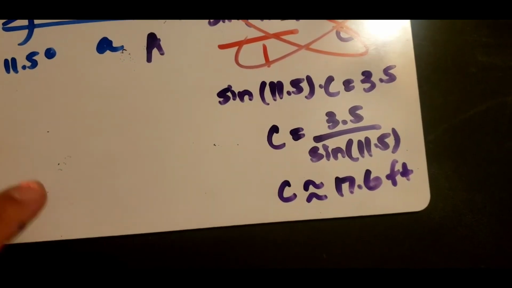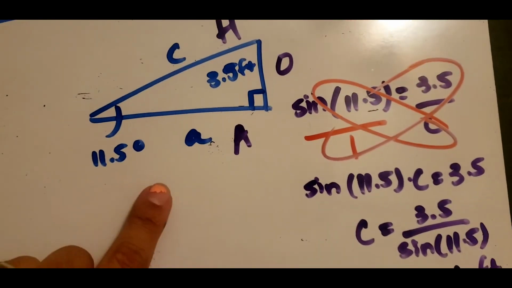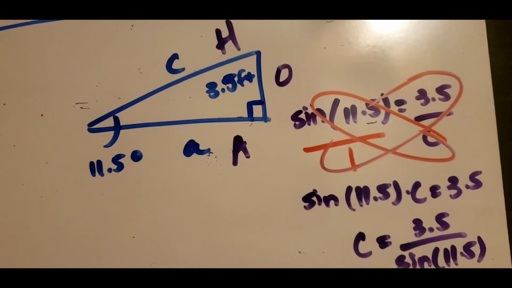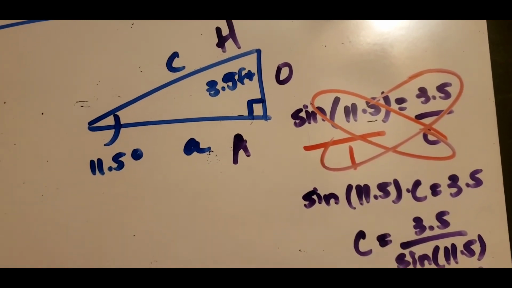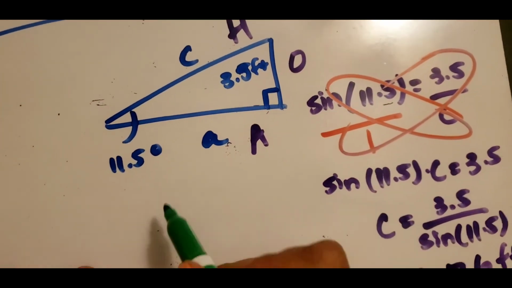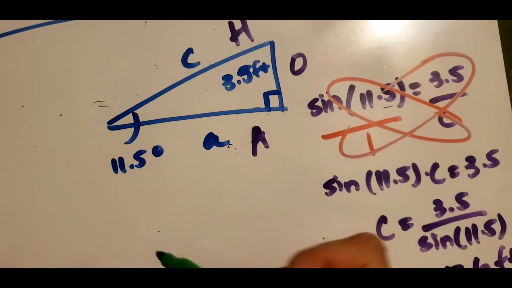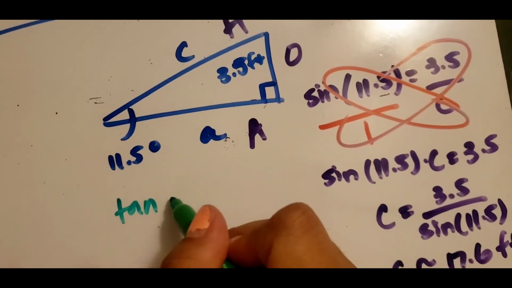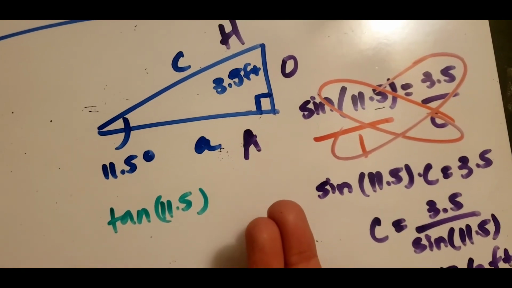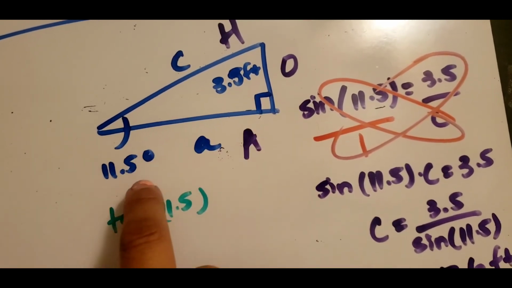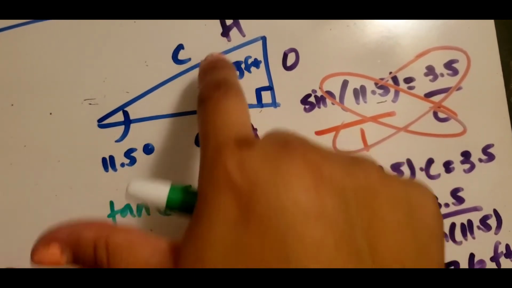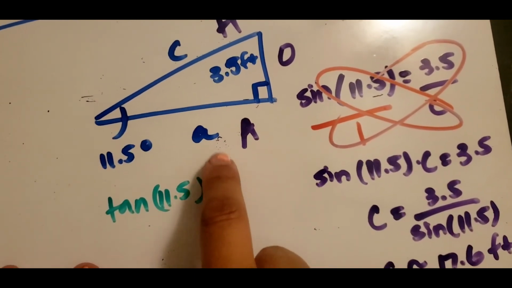Okay. All right. Now let's solve for side A. I'm going to go ahead and just stick to opposite and adjacent, so that would be tangent. So tangent of 11.5. Now you can use whatever you want at this point, because you can either use opposite and adjacent or adjacent and hypotenuse, as long as you use this one.